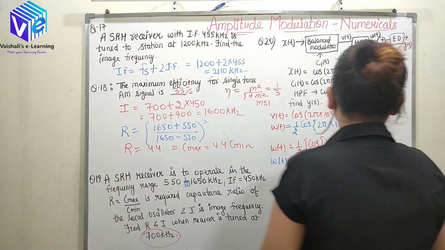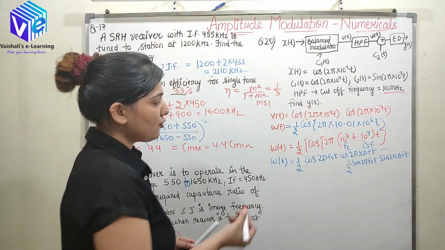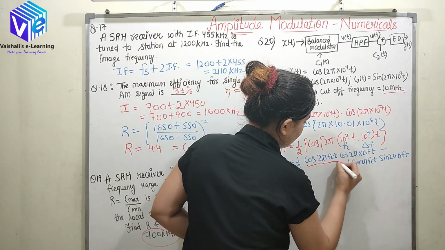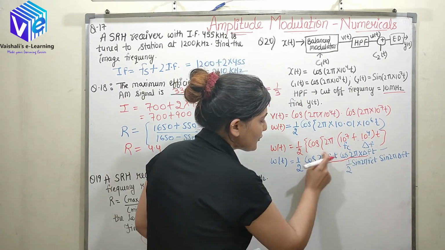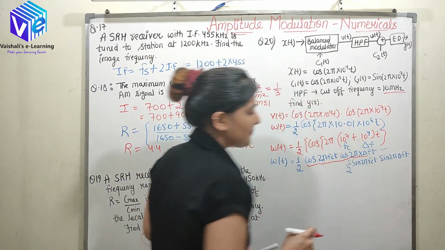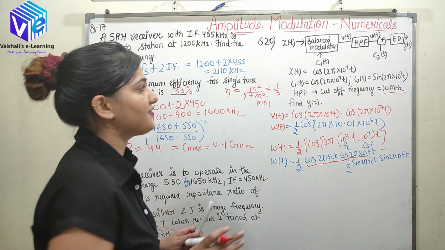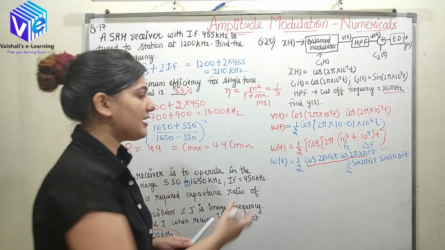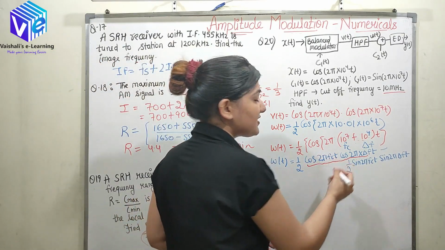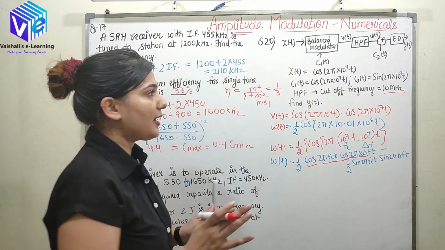So now what can I do? So this is my representation in terms of cos 2 pi fct, and this is my representation in terms of sin 2 pi fct. Actually I was using the envelope detector. This is why I represented it in terms of fct, because I need to find out the envelope.